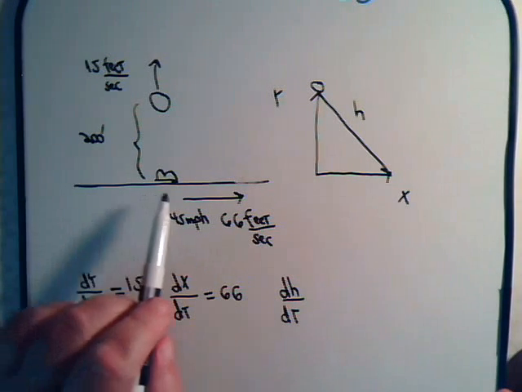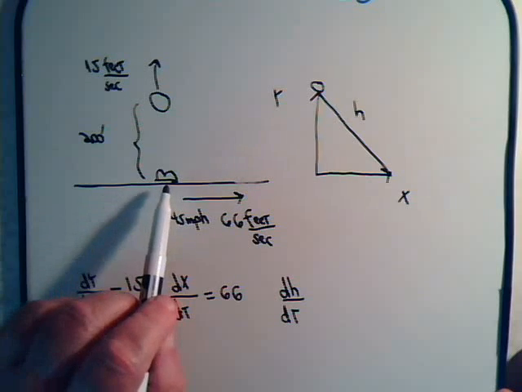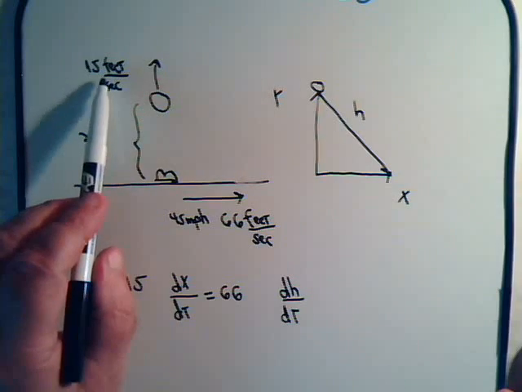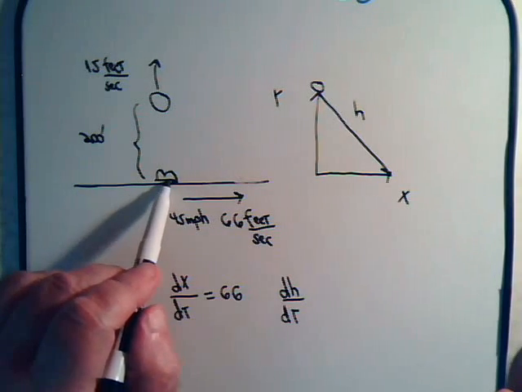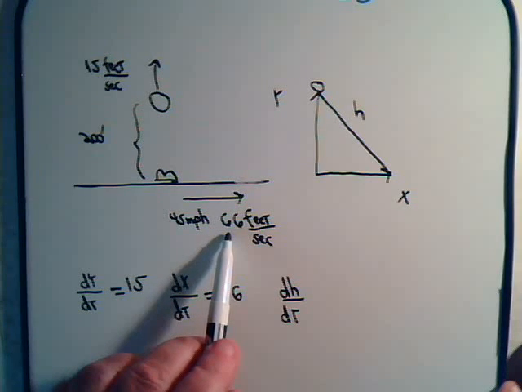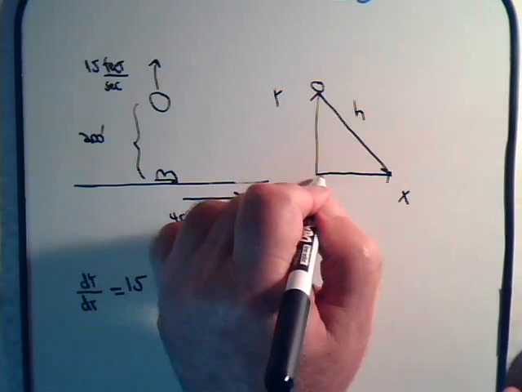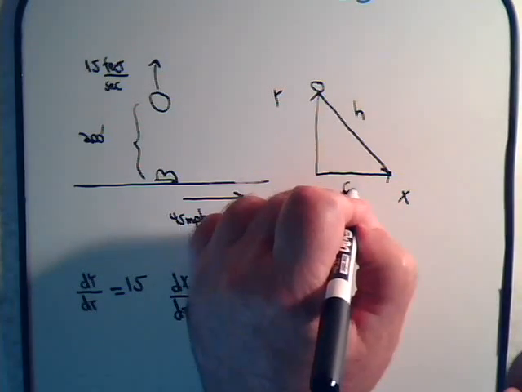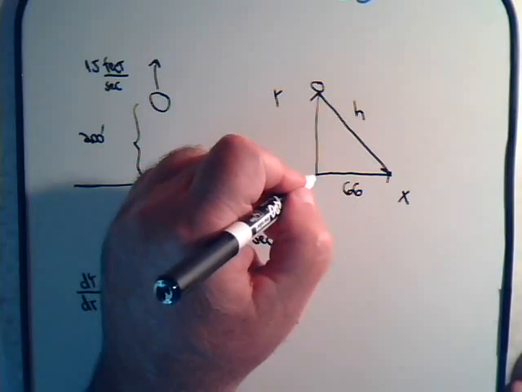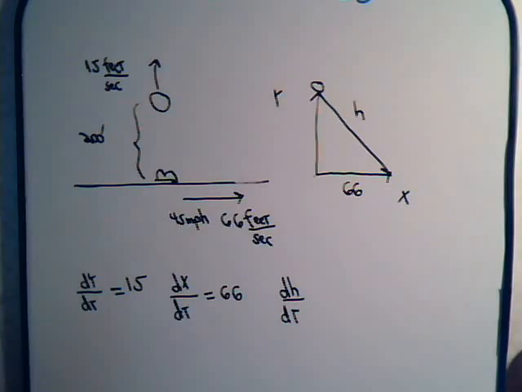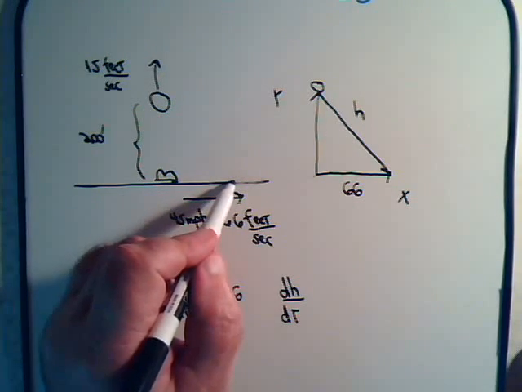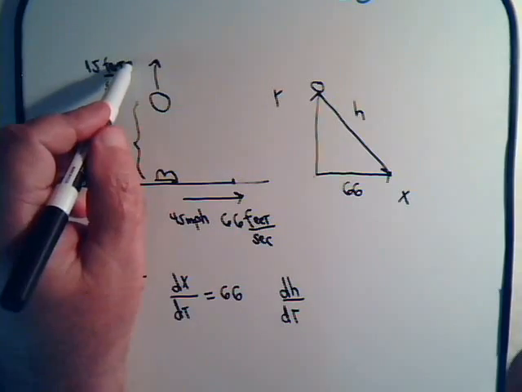At a moment, it says 1 second later, so the car is directly beneath the balloon. The balloon is 200 feet above the ground and rising this fast. The car is going to the right 66 feet per second. And now it says 1 second later, this distance here will be 66 feet. 1 second later, this distance here will be 215 feet. It was 200 feet, and 1 second later the balloon went up 15 feet.